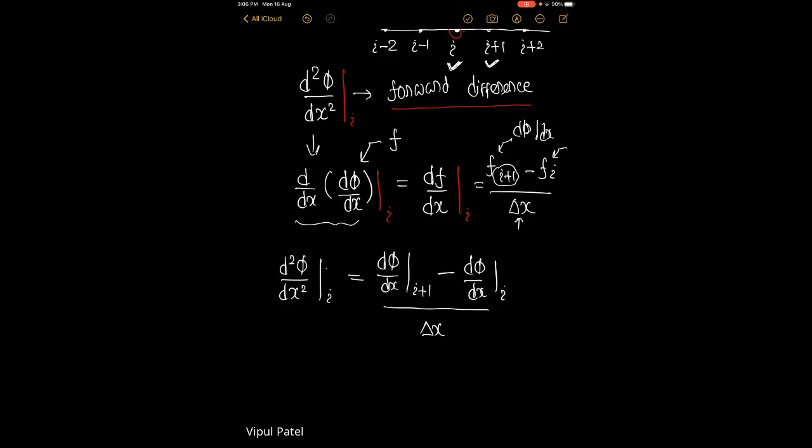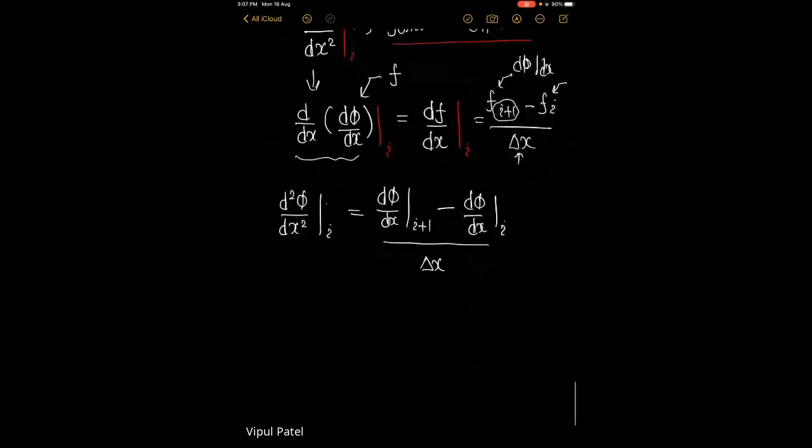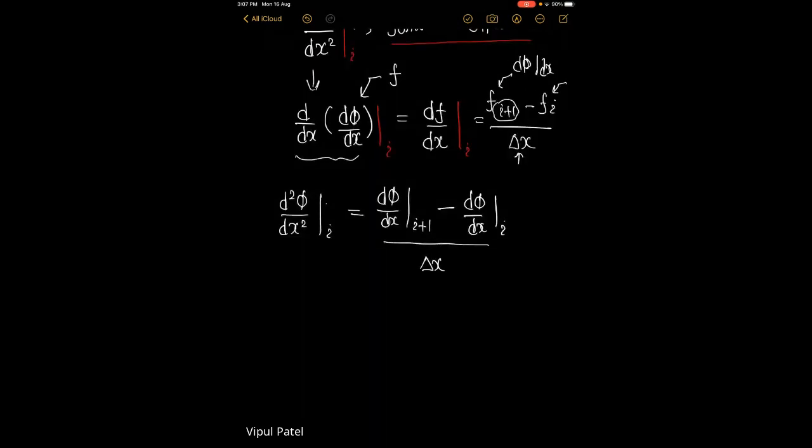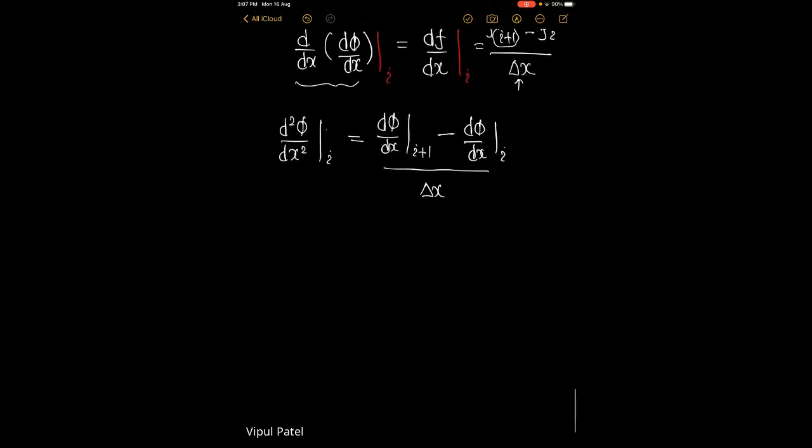Now I want an expression with forward difference approximation, so I have expressed df by dx at any node I as f of I plus 1 minus f of I divided by delta x. But f is nothing but d phi by dx, so I substituted d phi by dx instead of f. So I have d phi by dx at I plus 1 minus d phi by dx at I divided by delta x.